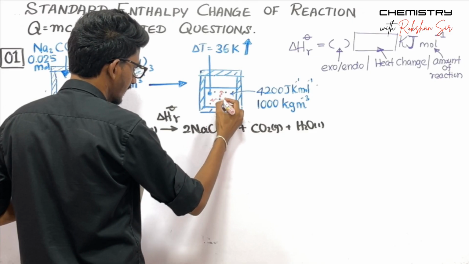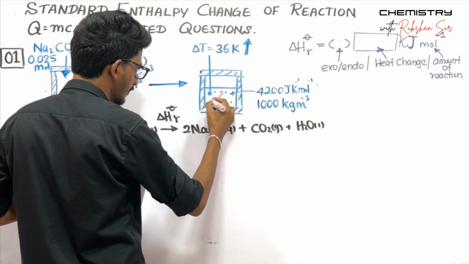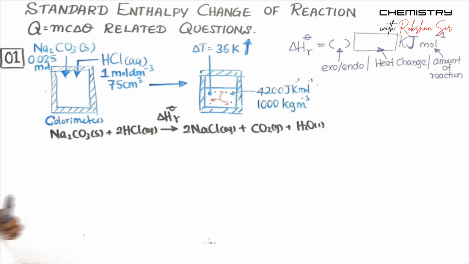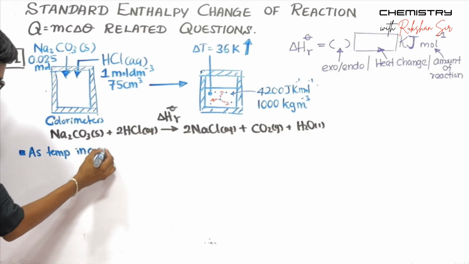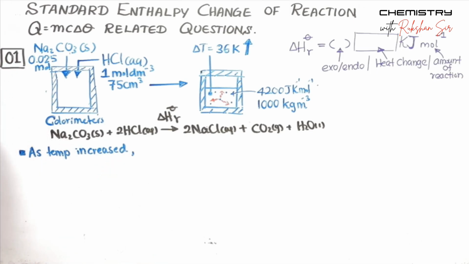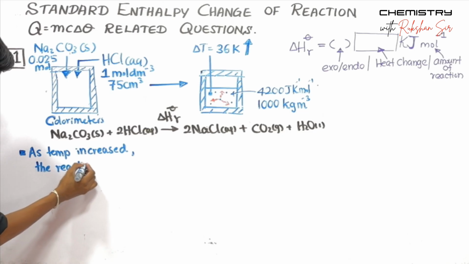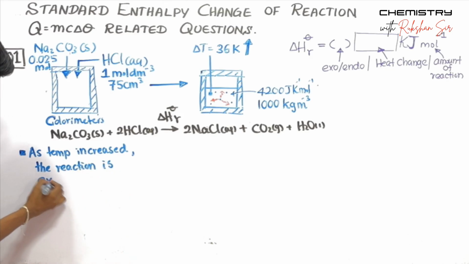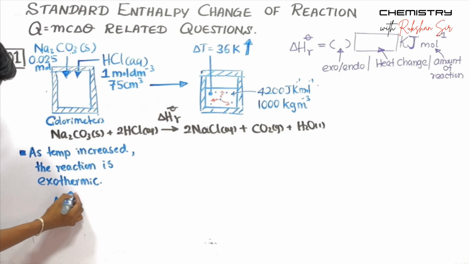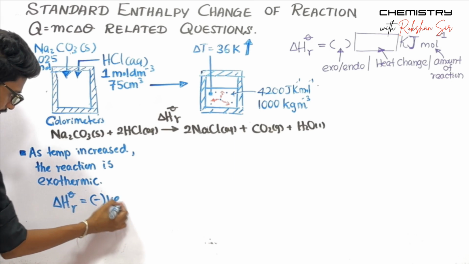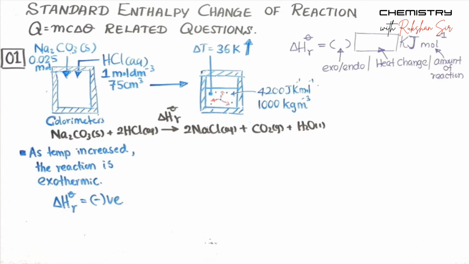That is why the temperature of the solution increases. So as temperature has increased, the reaction is exothermic, and the sign of delta H naught R is negative.